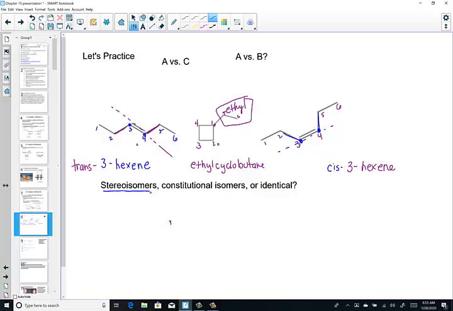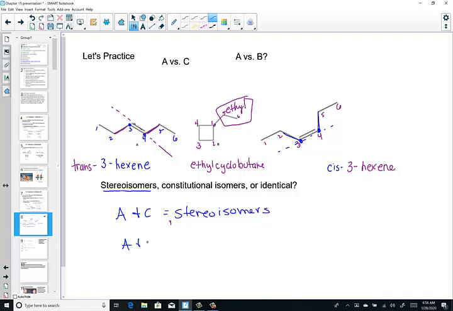Stereoisomers share the same order of bonding, but they arrange their atoms differently in 3 dimensions. Letter A and letter C are stereoisomers. The cis-trans configuration is an example of stereoisomers.